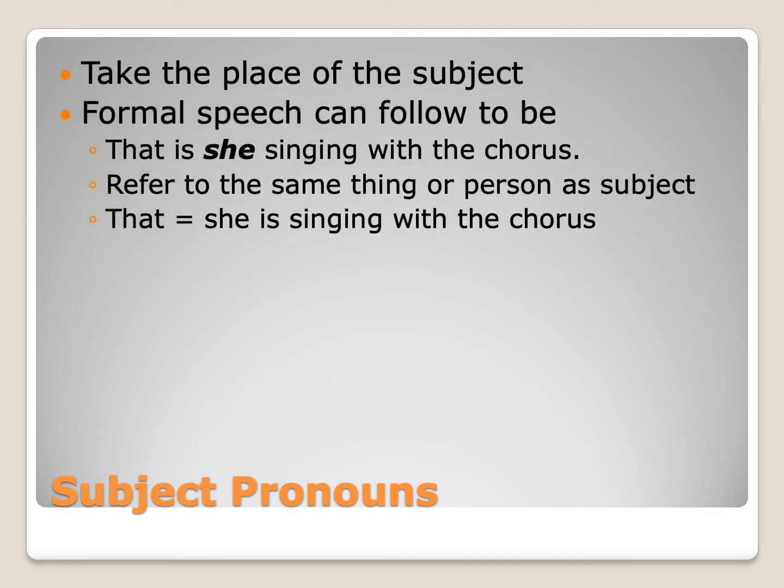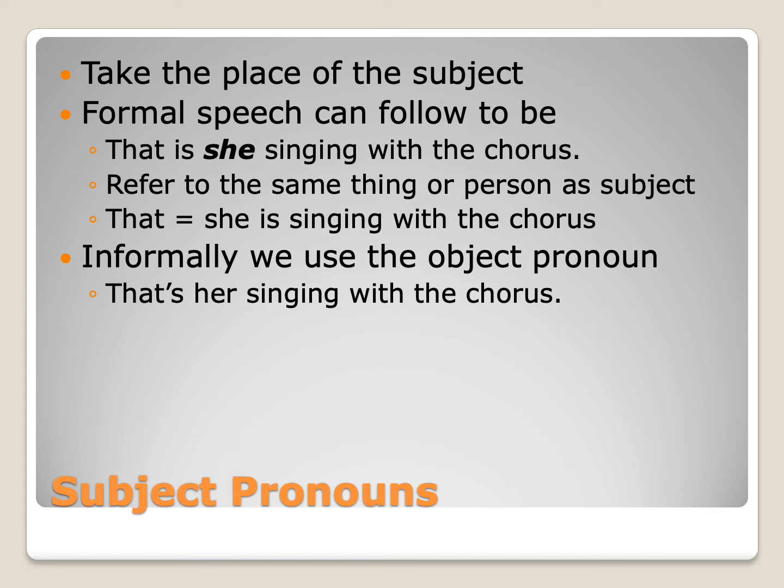All right. So as I said, subject pronouns take the place of the subject. In formal speech, the pronoun can follow the verb to be, or a conjugation of that verb, and it sounds weird: "That is she singing with the chorus," right? That sounds like it's stated by some Harvard graduate who wants to make sure you know he went to Harvard. That's correct, and in academic writing, that's what you should do.